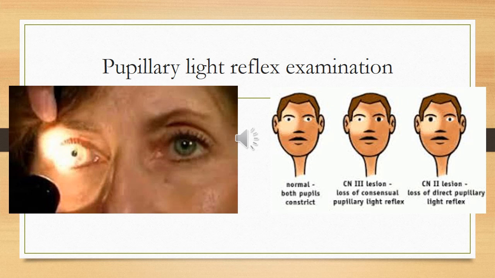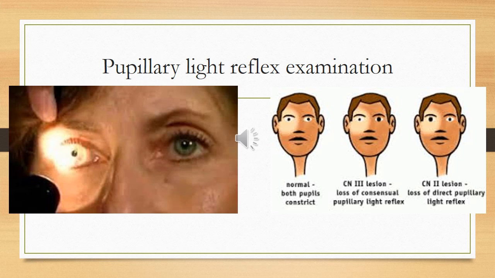In the middle, there is a loss of the indirect pupillary reflex. This will lead to constriction of the right pupil with no constriction of the left. The last cartoon picture demonstrates a loss of the direct pupillary light reflex. This will lead to only constriction of the contralateral pupil.